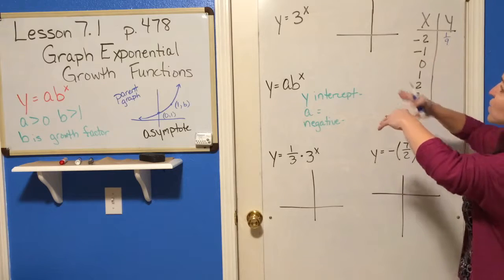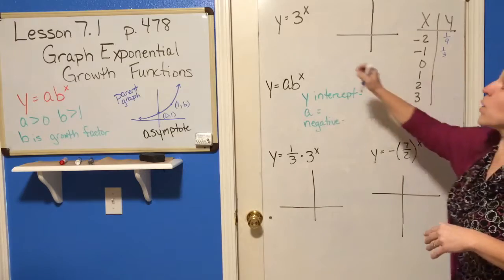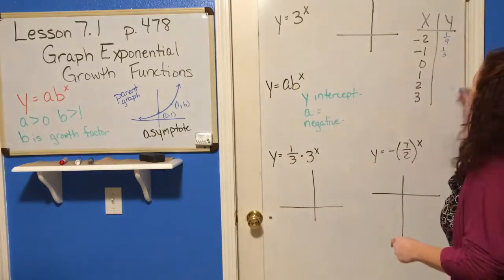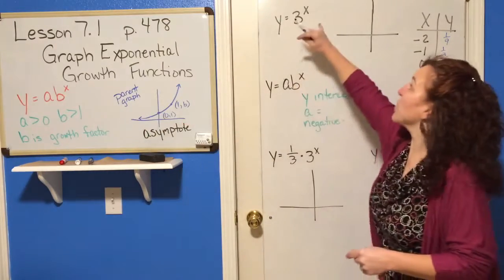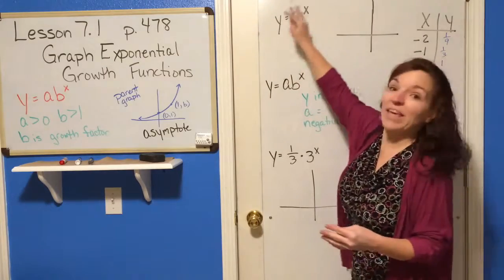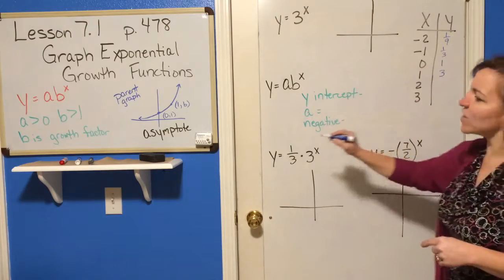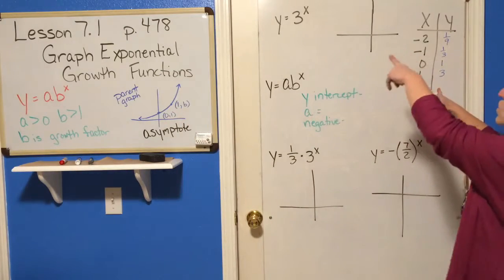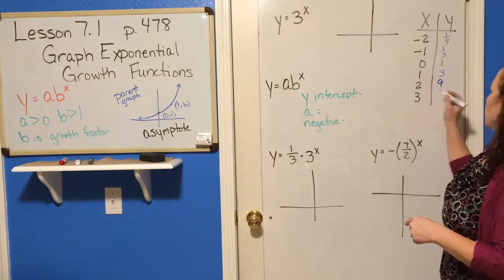Negative 1 just flips it, so 3 to the negative 1 power is 1/3. 0, remember anything to the 0 power is always 1. So that's why you'll always go through the point 0, 1, because when you put 0 in for that exponent, it's going to make that b equal to 1. Anything to the 1 power is itself, so 1, 3, and that's where you get the 1, b point. 3 to the 2 power, so 3 squared is 3 times 3 is 9, and 3 cubed is 27.